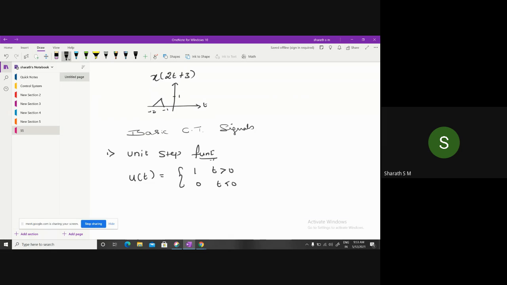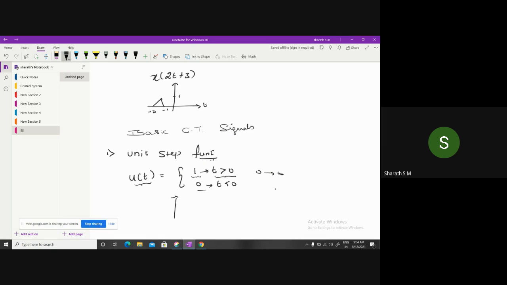This is the label for the unit step function, that is u of t, and its amplitude level is 1 for t greater than 0. That means from 0 to infinity, it maintains its amplitude level as 1, and from 0 to minus infinity, it maintains its amplitude level as 0.